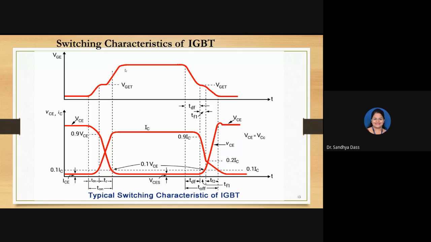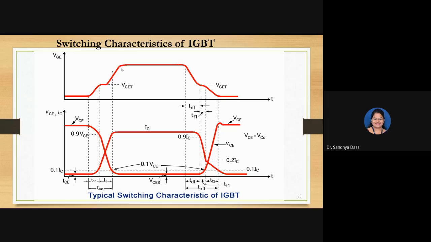That is what we mentioned during our explanation, right? So when this voltage across gate and emitter exceeds the threshold voltage with sufficient gate voltage, the device will turn on.